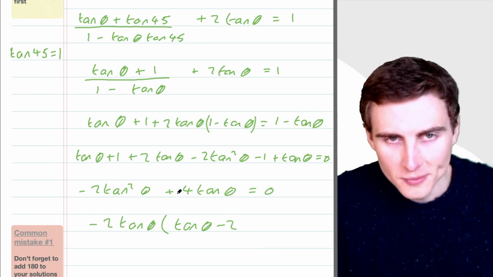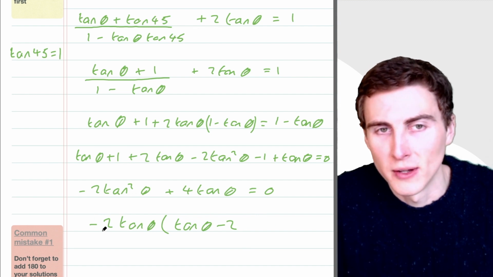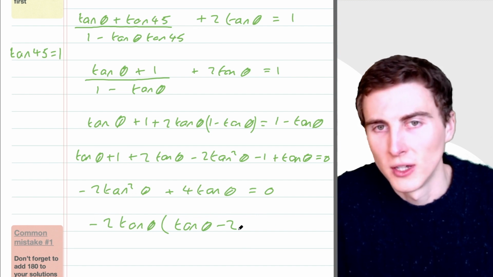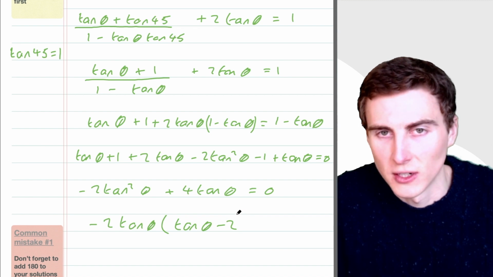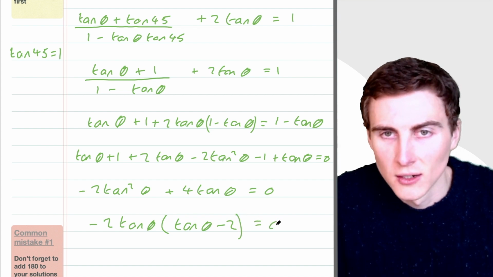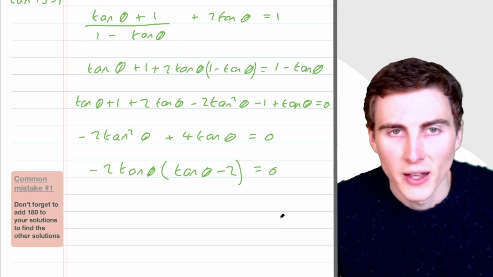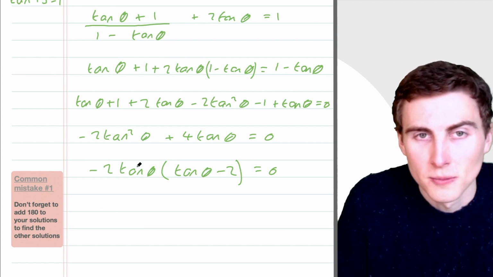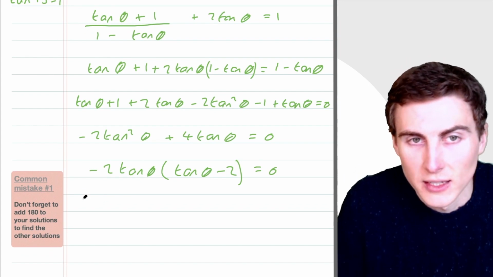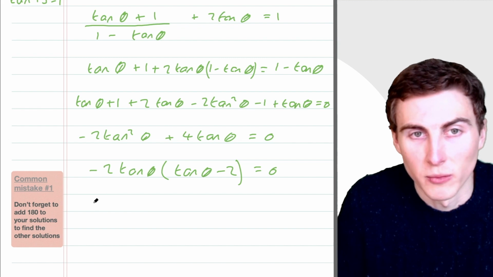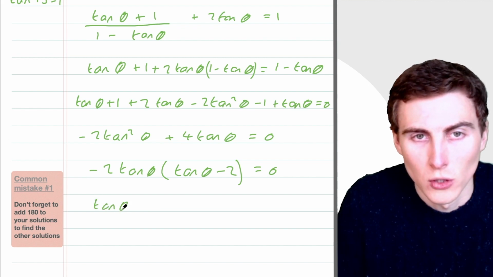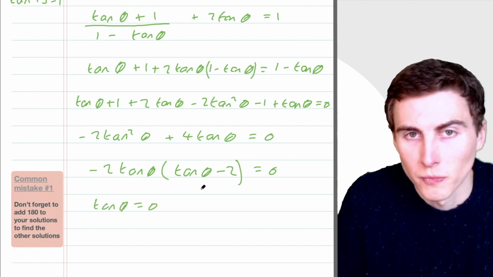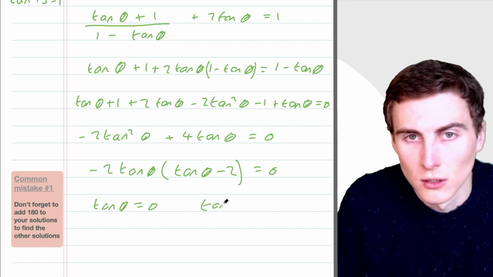If I've taken out a minus 2 factor from this 4, I only have minus 2 left inside. My bad, sorry. So what we've got from this is tan theta is either 0, that's the solution I get from here, or from this bit, tan theta is 2.